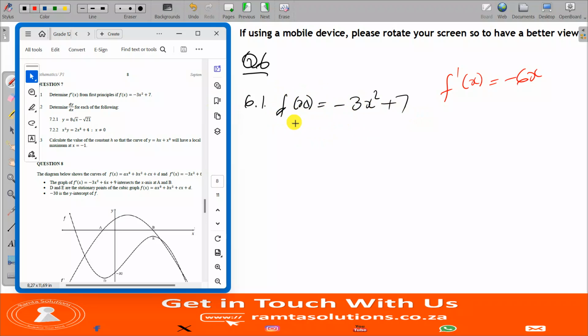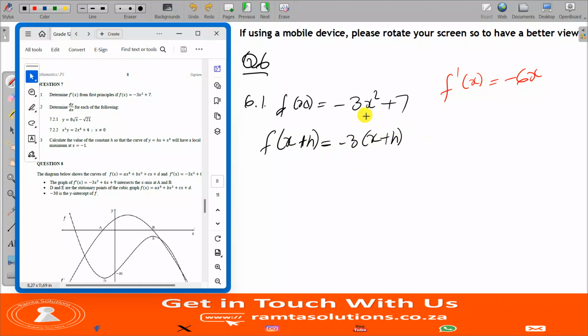But because we are using first principles, let's see what it will give us. If it's correct, we are going to get negative 6x. All right, let's dig in now. f of x plus h: where there's x, you put x plus h.